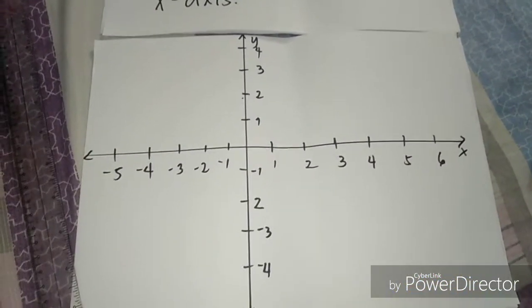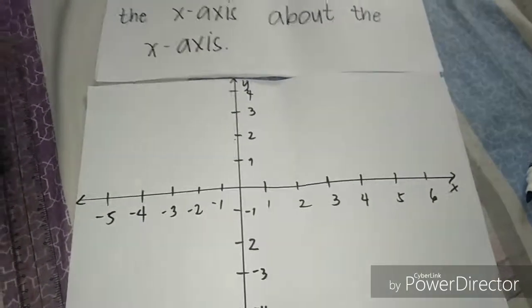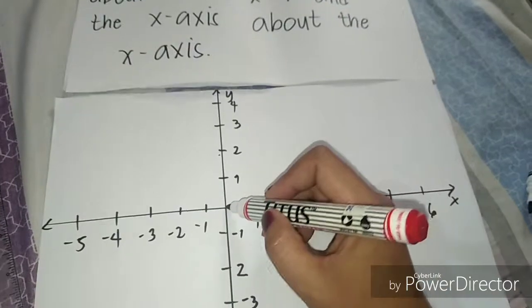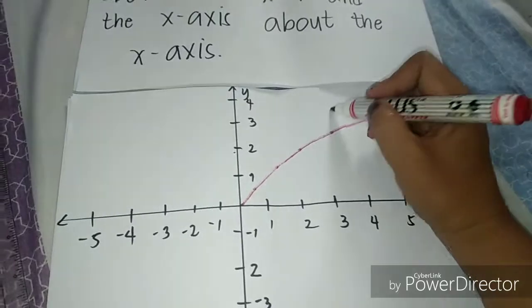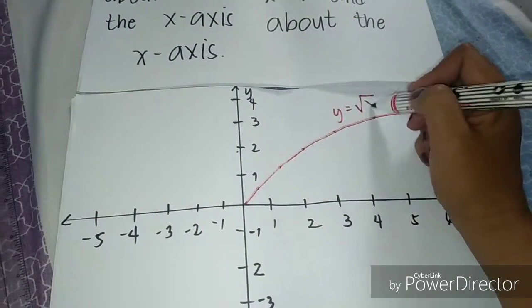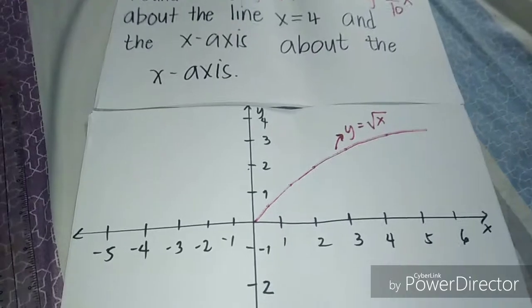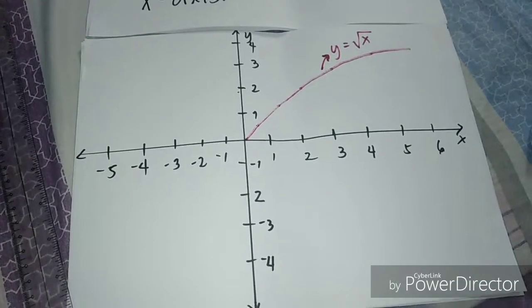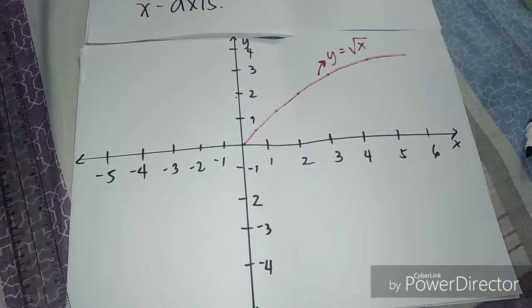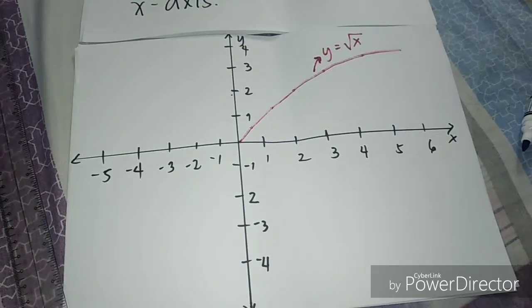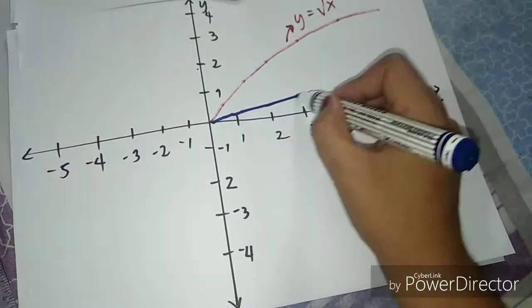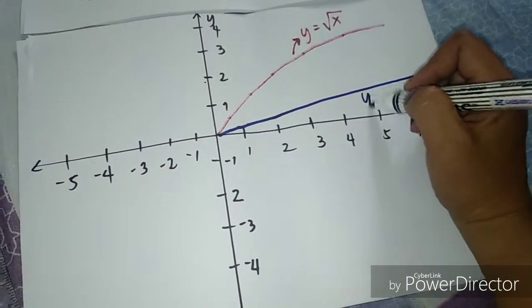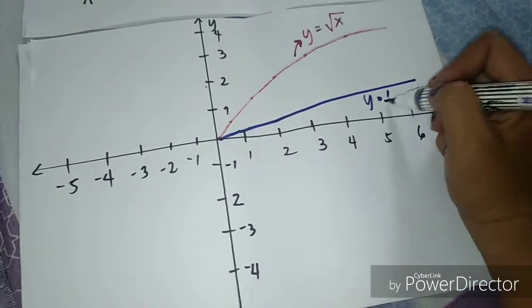First, we need to sketch the graph of the function y is equal to the square root of x. Then, next, we need to sketch the function y is equal to 1/10 x, a line with a slope of 1/10.